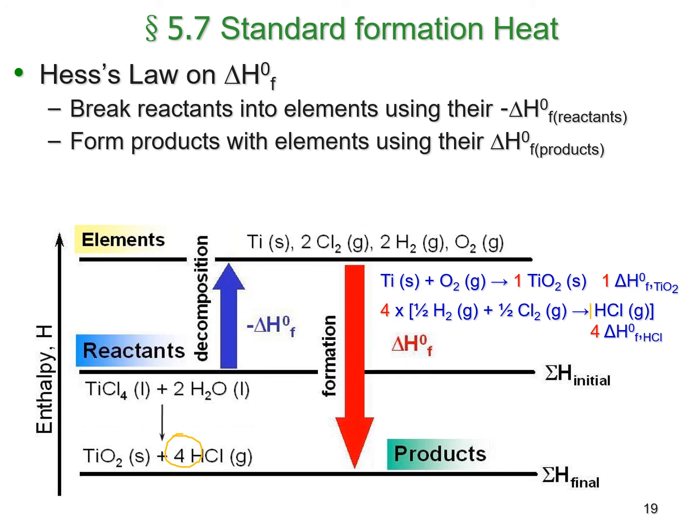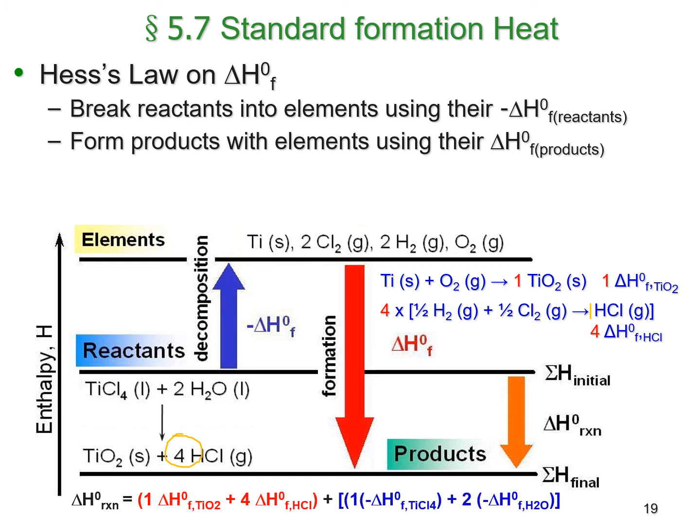Remember, the heat of a reaction is final minus initial, right? And this is the overall process. They got 2 steps. All you have to do is add up those delta H's all together. I put the red, those represent the products.